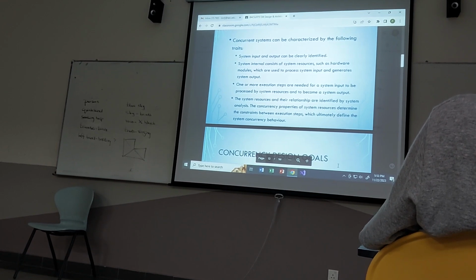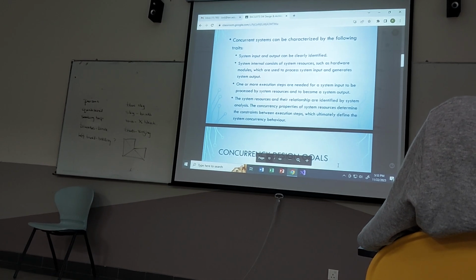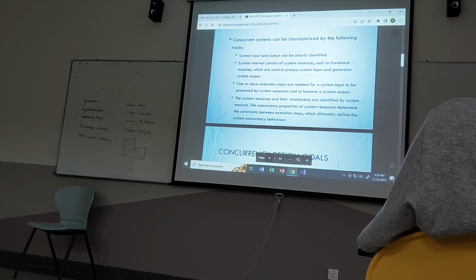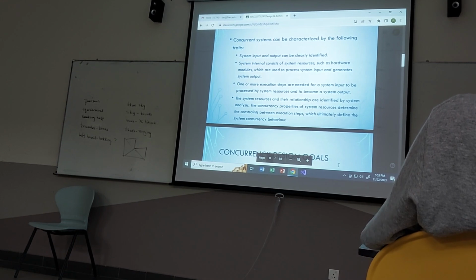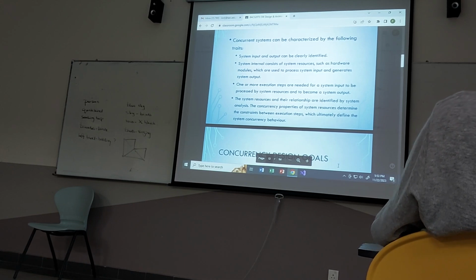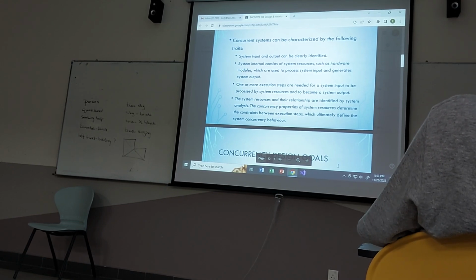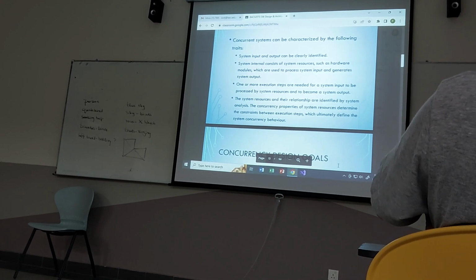And the concurrent system consists of one or more execution steps to process the input. Understand? The resources of the system and their relationships are identified by the system analysis. And the properties of the concurrency determine the constraints between the steps, which define the system's concurrency behavior.